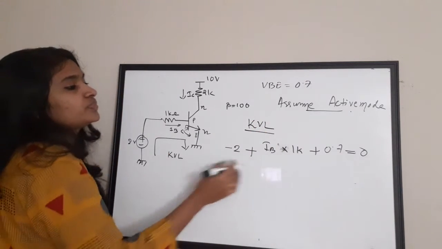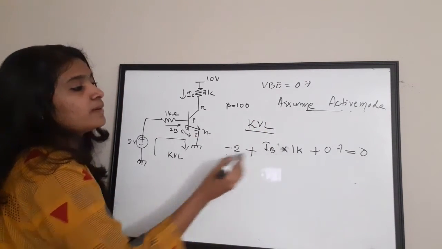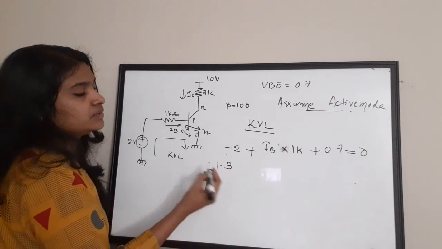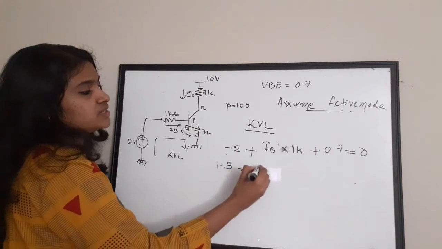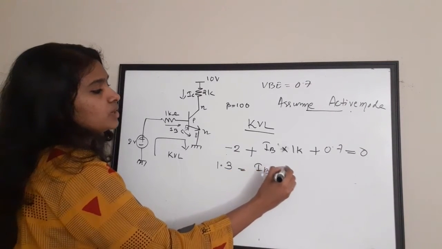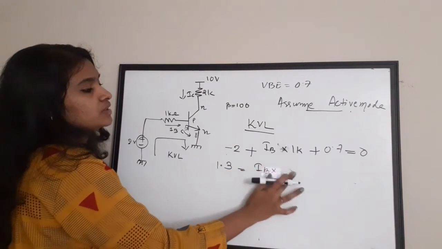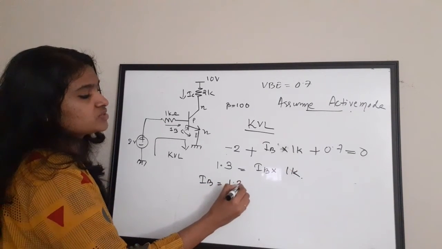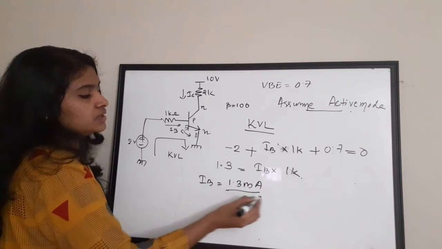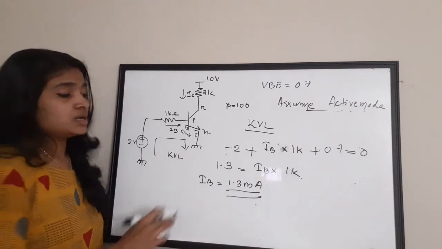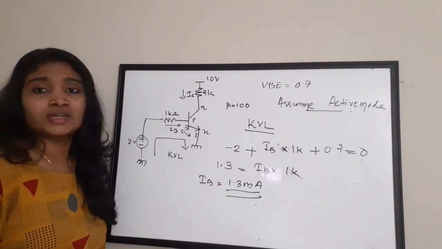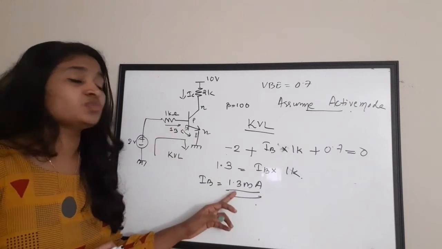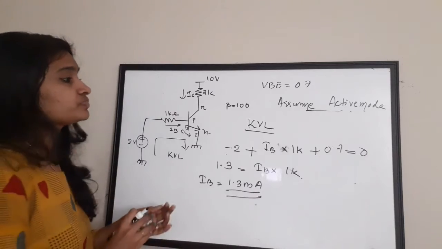Minus 2 plus 0.7 is minus 1.3, so 1.3 is equal to IB into 1K. So IB is 1.3 milliampere. We have obtained the base current as 1.3 milliampere.